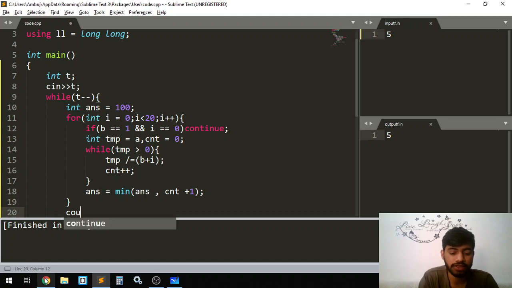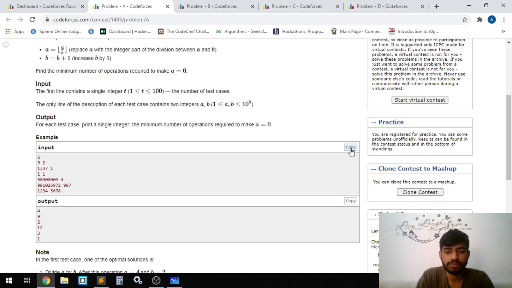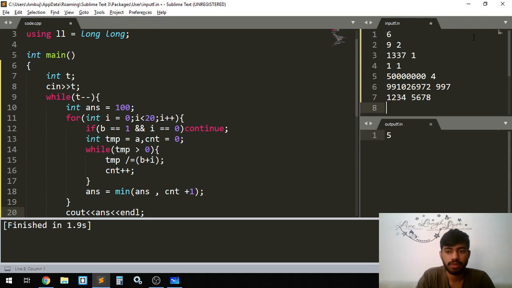Now in the end we just output the answer. Okay, so that's all for problem number A. Let's check some test cases given. There can be a possibility of some errors.